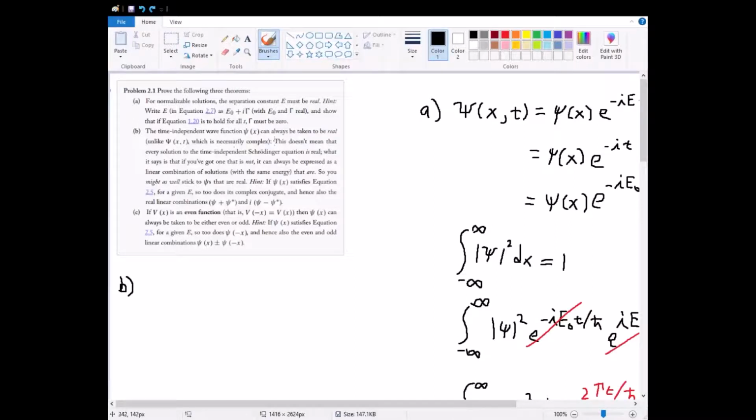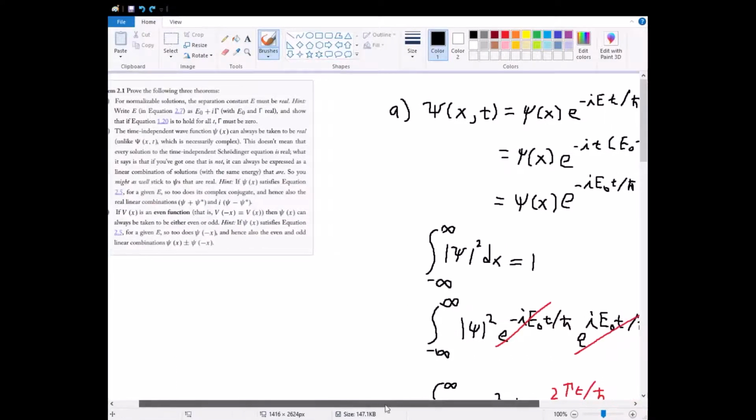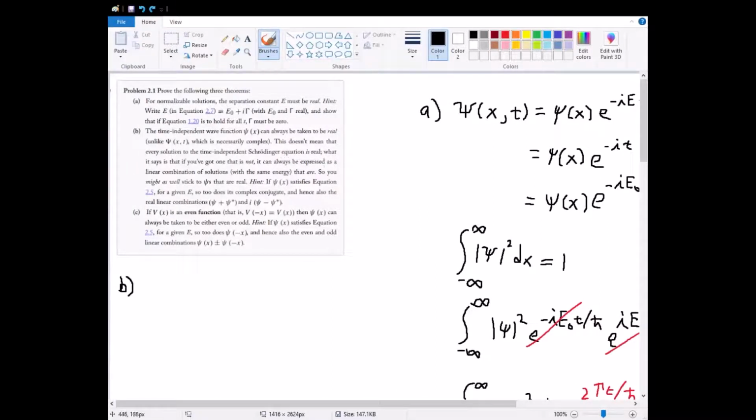Now, moving on, that doesn't mean that every solution to the time-independent Schrödinger equation is real. So what we're saying is that psi of x can be either real or imaginary. However, if you've got one that is not real, it can always be expressed as a linear combination of solutions that are.